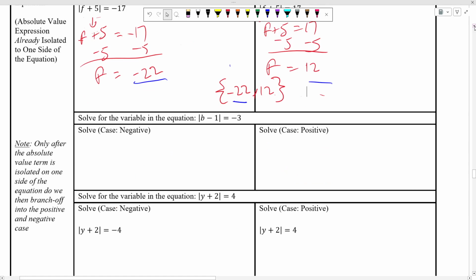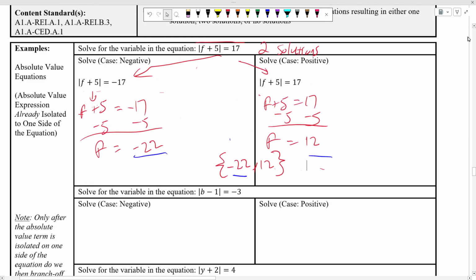So here is a case, as I mentioned not too long ago, in which we have an absolute value, in this case b minus 1, and it equals some negative number. If you remember before I erased, I was saying that when you have a situation where this is isolated and does indeed equal a negative number, as the statement of truth here is telling us, well, think about this for a second.